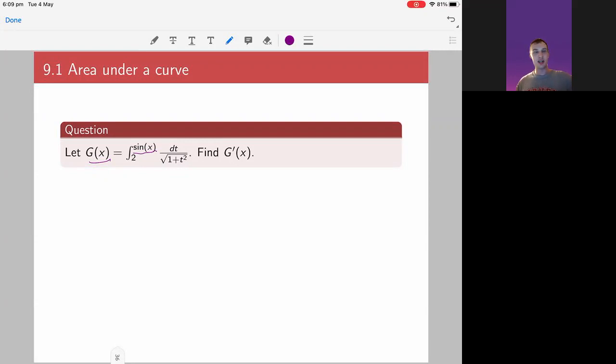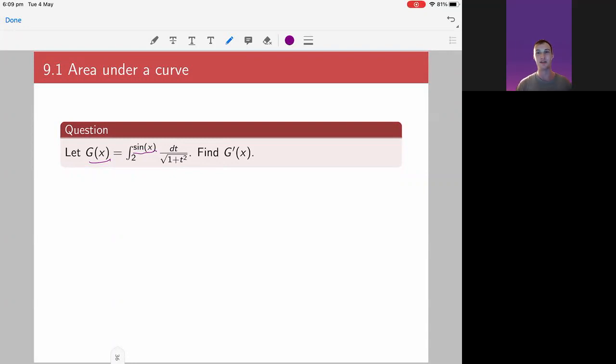Now, as I said, this question is a step up. Not only do we have to apply the fundamental theorem of calculus, but there is another theorem that we have to apply in order to evaluate this derivative. Question for the audience. Put your answer in the chat if you can. What is the other theorem we need in order to answer this question?